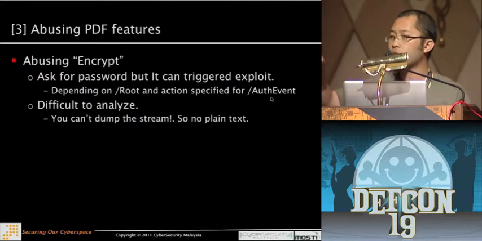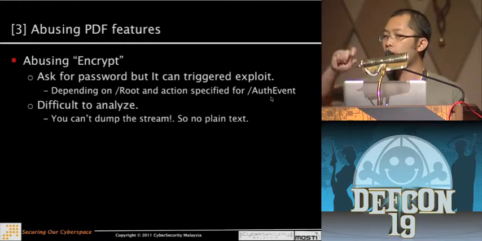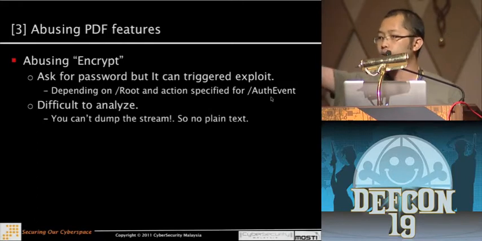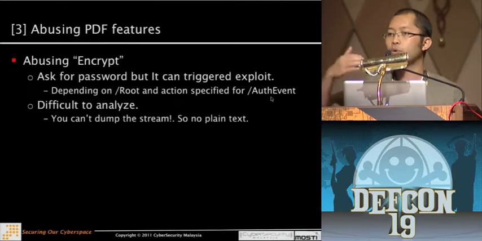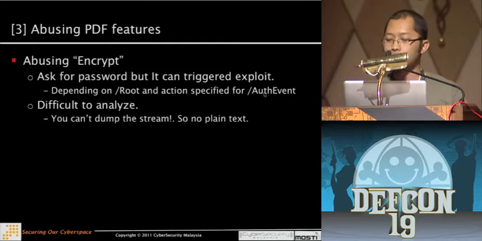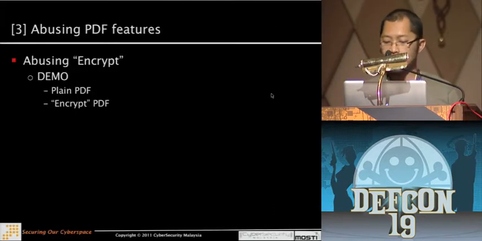For example, with .open, it will trigger when you open the PDF. But if your /Root has a pointer to a different object that has an exploit in it, it will trigger that first, and then ask for the action from this event. It's pretty difficult to analyze, simply because you can't dump the strings; you need to break the encryption first, right? So there is no plain text. For example, a quick demo.